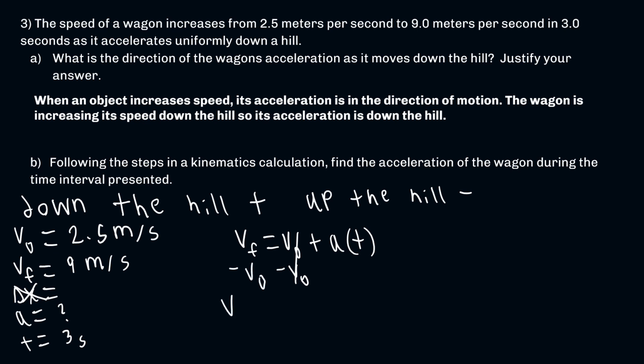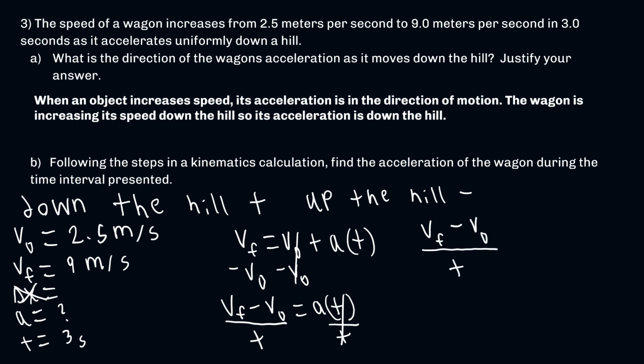So I have Vf minus V naught, or Vf minus Vi, equal to acceleration times time. I want the acceleration by itself, so I'm going to divide out time, since it is attached to acceleration by multiplication. So again, do the opposite operation. Vf minus V naught over time is equal to my acceleration.